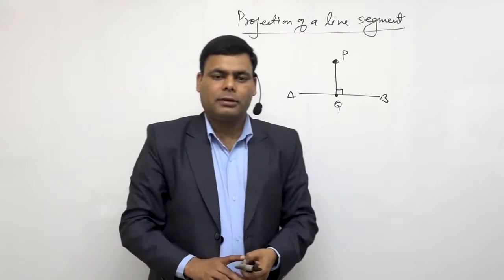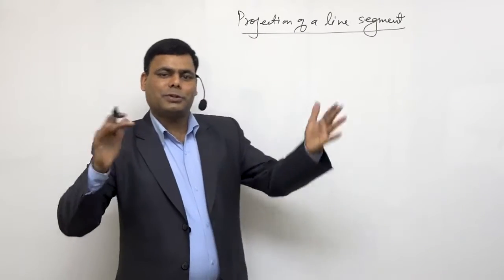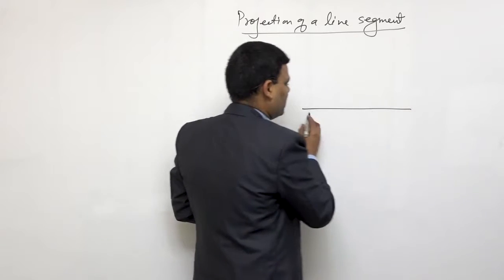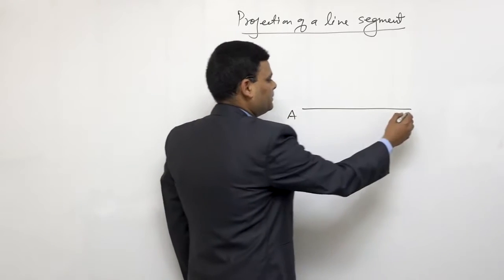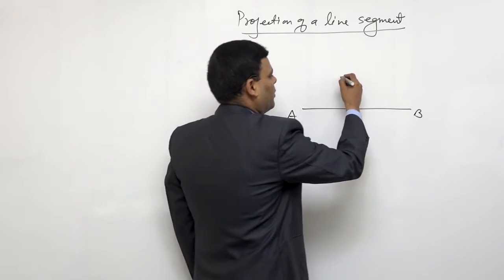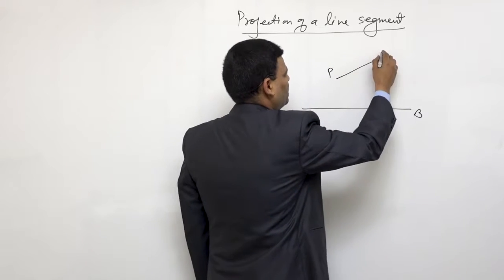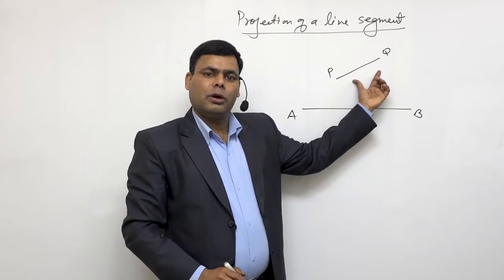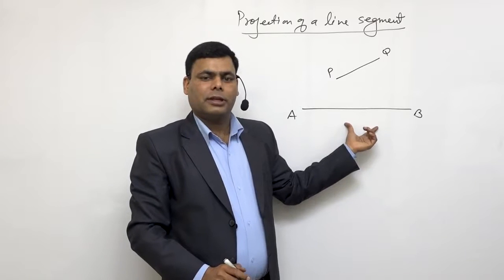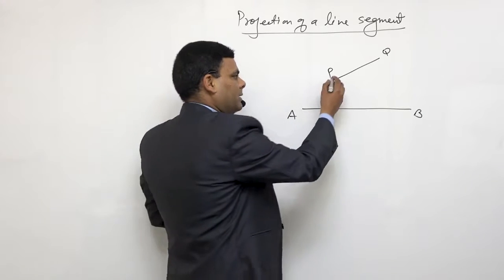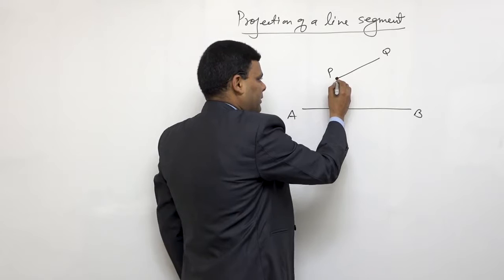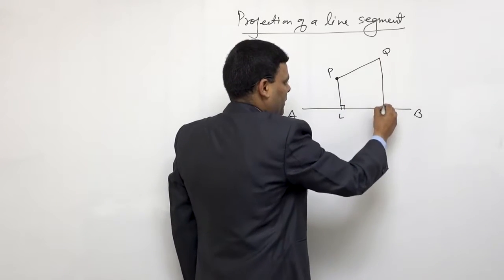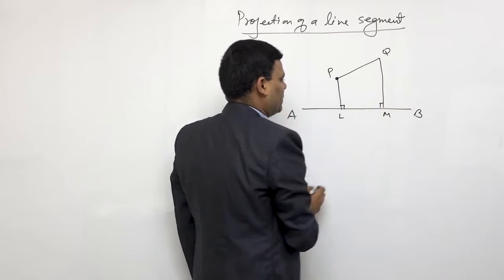अब कहिलेकाहीँ हामीलाई लाइनको प्रोजेक्सन के हो त? लाइनको प्रोजेक्सन कसरी निकाल्ने भन्दा सपोज देयर इज अ गिवन लाइन AB, एउटा लाइन AB छ र अर्को लाइन छ PQ. Now we have to find the projection of line PQ on another given line AB in such a way that point P बाट यसरी परपेन्डिकुलर ड्र गरौँ सपोज PL र point Q बाट पनि के गर्यौं, QM परपेन्डिकुलर ड्र गर्यौं.